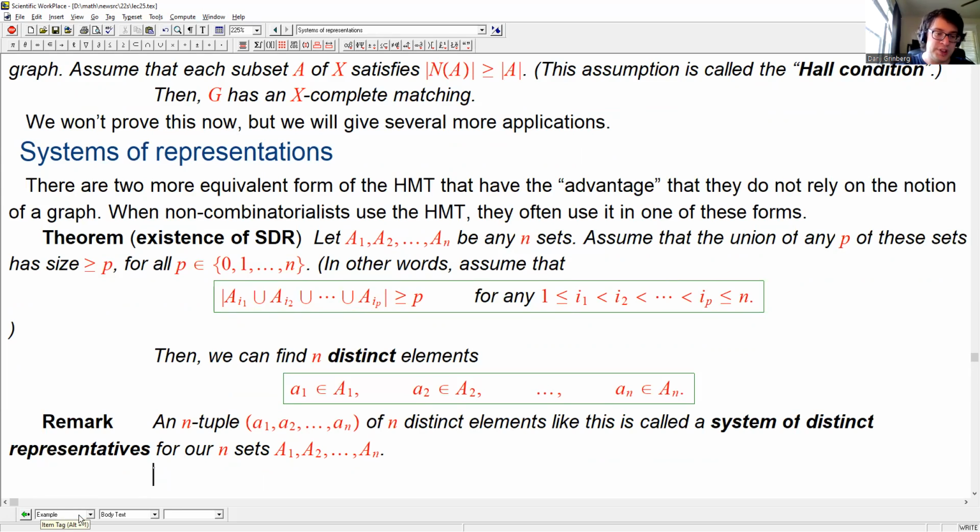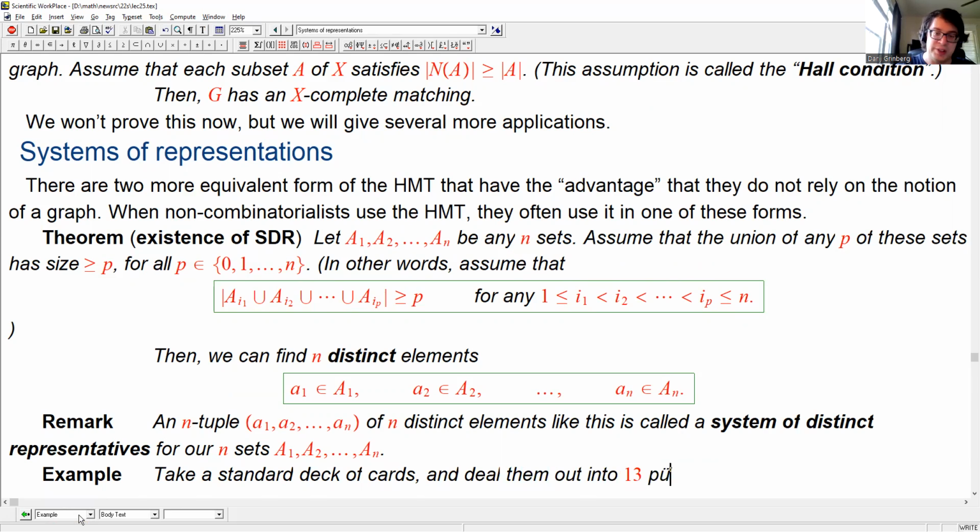Take a standard deck of cards and deal them out into 13 piles of 4 cards each. Randomly, it doesn't have to be 4 cards of the same rank.